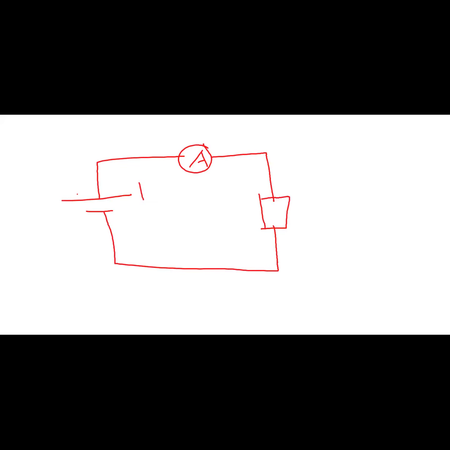This is positive. This is negative. So the current flows like that. Something that I want us to note is that the ammeter is connected in series with a battery. Why? Because it has to measure all the current that flows from the battery.